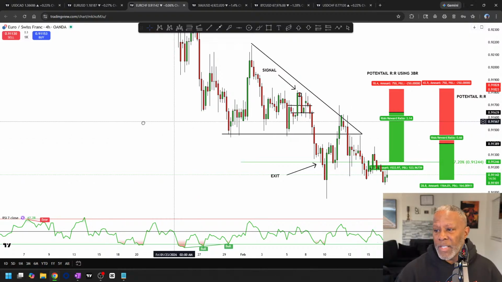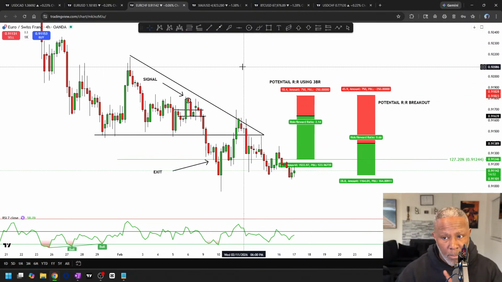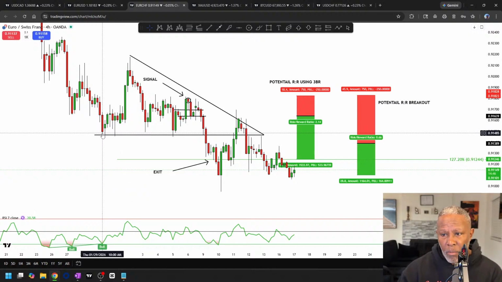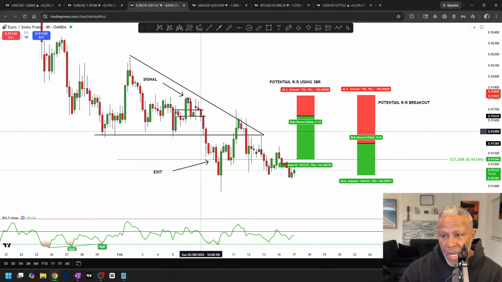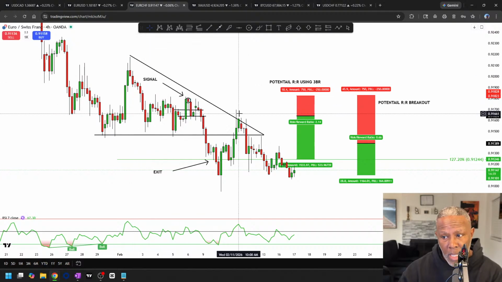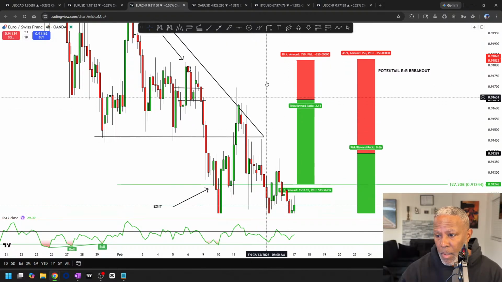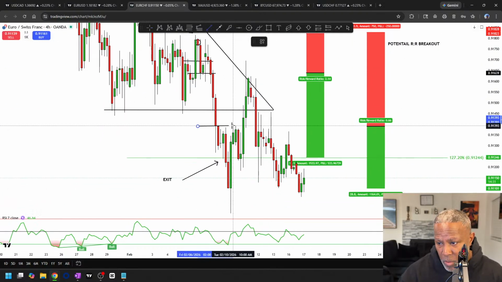EUR/CHF is a better example because this one is all complete already. So the breakout trader, this one is a descending triangle, structure, flat line at the bottom, lower highs to the top. And what they're looking for is the confirmation, which is this guy right here, okay?